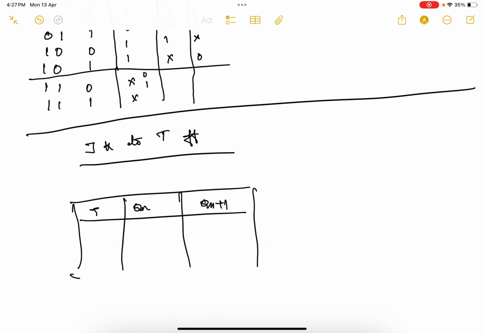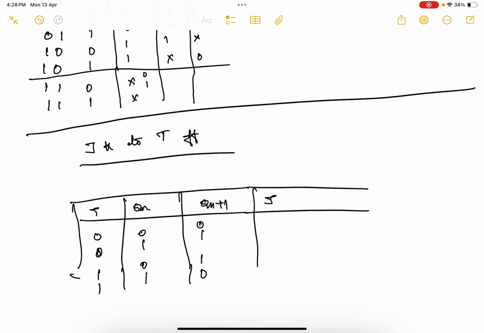It may be either 00 or 11, and it can be either 01 or 01. So if it is 0, the present state will be retained as such, and if 1, the present state will get complemented. So after this it is over.